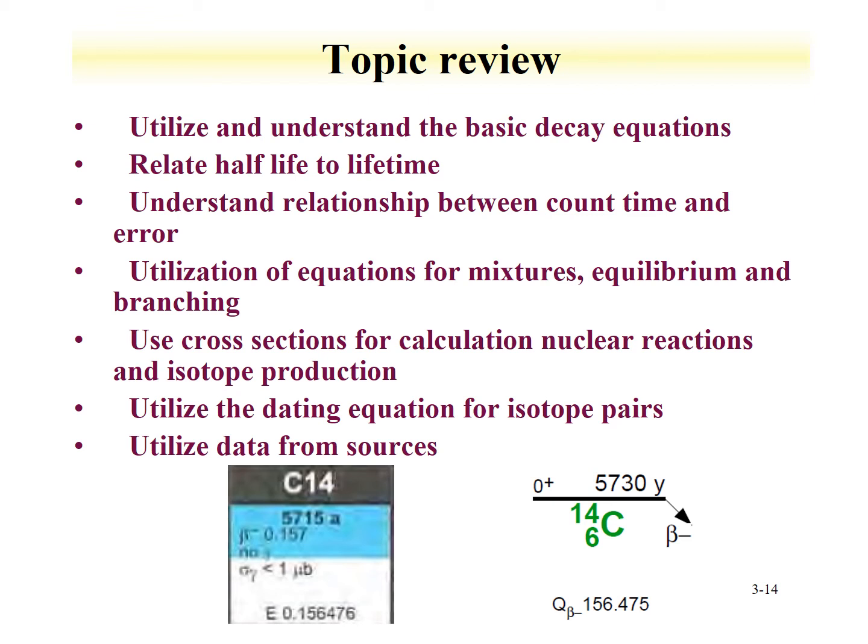Now, the one thing I want to point out is that in the example of carbon-14 on the previous page, 2 different half-lives were shown. And this actually comes from the fact that depending upon the source, this is the chart of the nuclides, this is the table of the isotopes, I can get different half-life data.